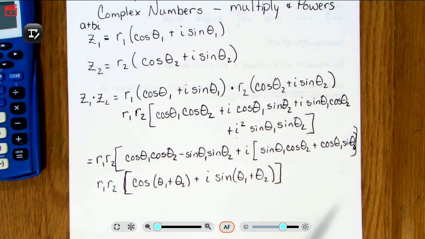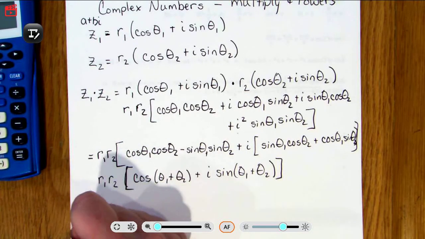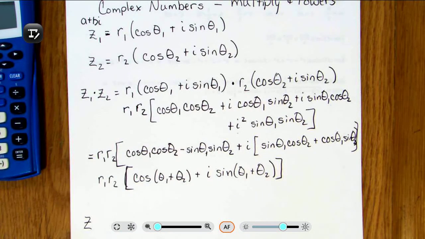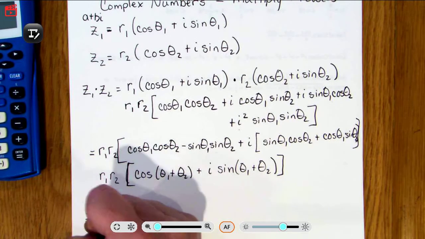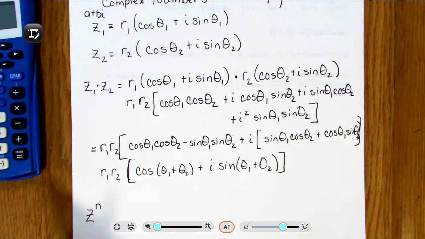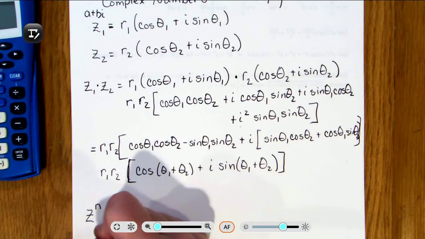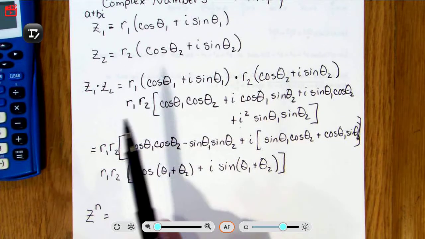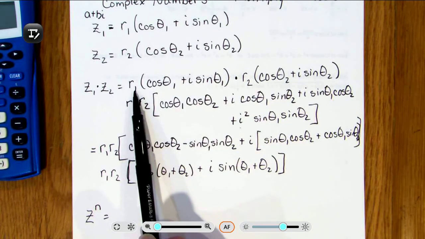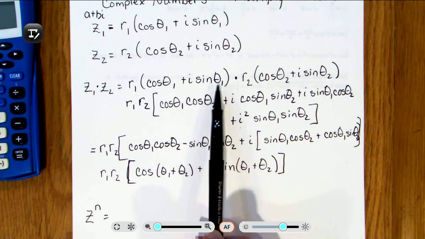Where this becomes very powerful is if you take a complex number and you raise it to a power. So let's raise it to like the third or the fifth or the eighth. So imagine doing this over and over and over again for the same value. So we would have an R, and we would just have thetas.